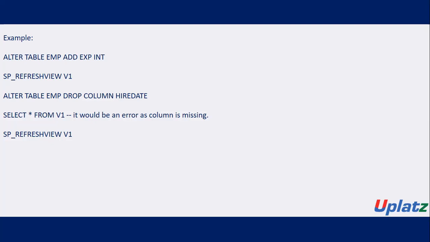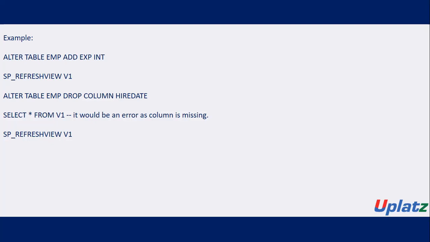For that purpose, we are writing a query, that is alter table employee drop column hire date. So once the column is dropped from the table employee, and we execute the query to fetch all the records from the employee table, then the hire date column won't be there in the employee table.